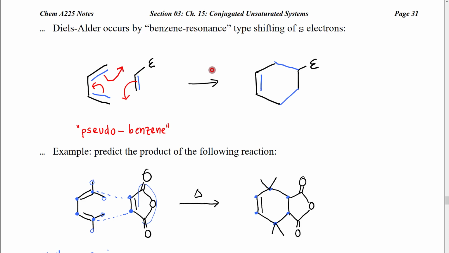Then what we do is we imagine the same type of benzene resonance. So we take one of the pi bonds, we push it into the space between an adjacent pair of atoms. In this case, when we do that, because there is not already a bond here, we create in that space a single bond. So we lose the double bond here, but we create a single bond here.